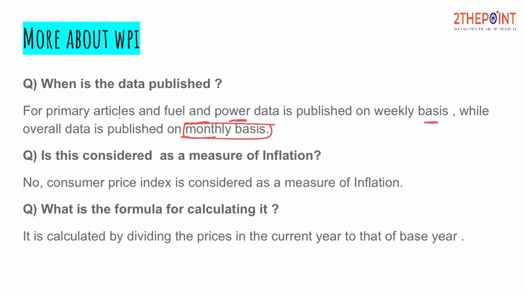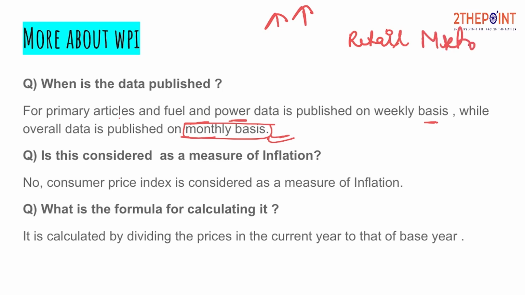On this basis, we get to know the inflation trend in wholesale prices in the economy. And definitely, when the inflation trend in wholesale prices is increasing, it would affect the prices in the retail market also. That is pretty obvious.